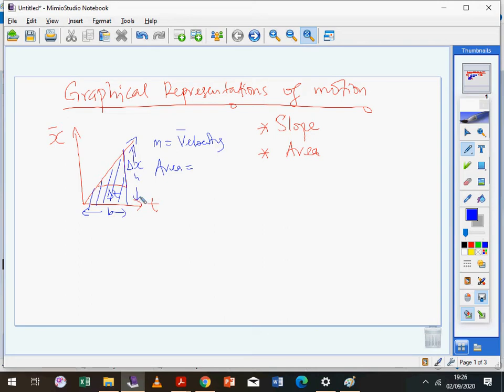The base is some change in time, times the height, which is some change in displacement, times a half. When you look at displacement times time, or distance times time, that is not any meaningful physical quantity. So we can say that the area of this graph does not mean anything. For a displacement time graph, its slope represents velocity, and its area is not meaningful.